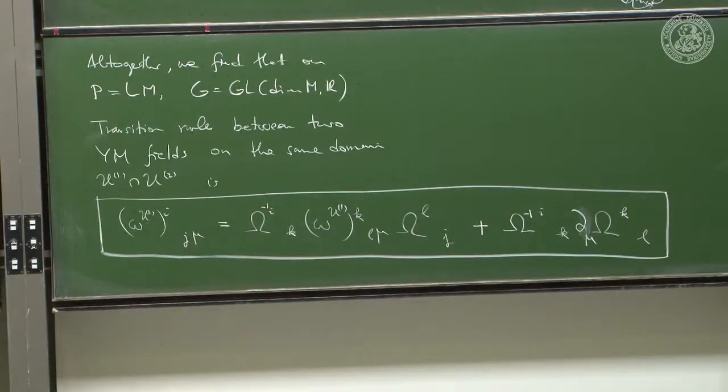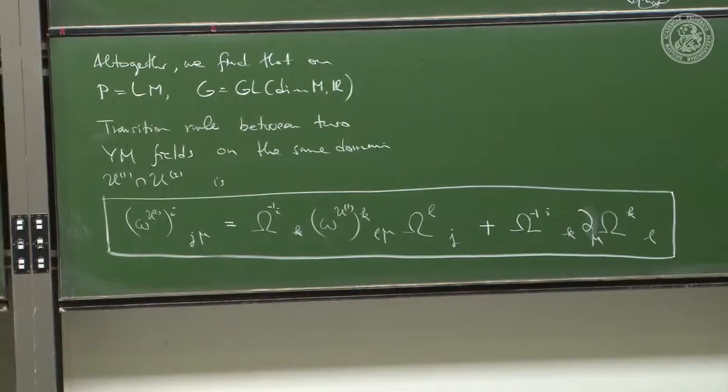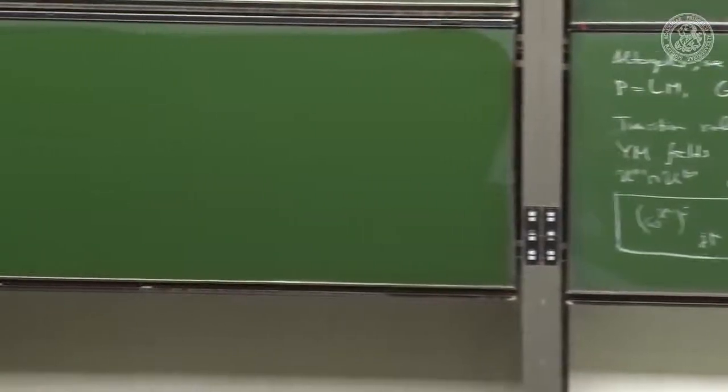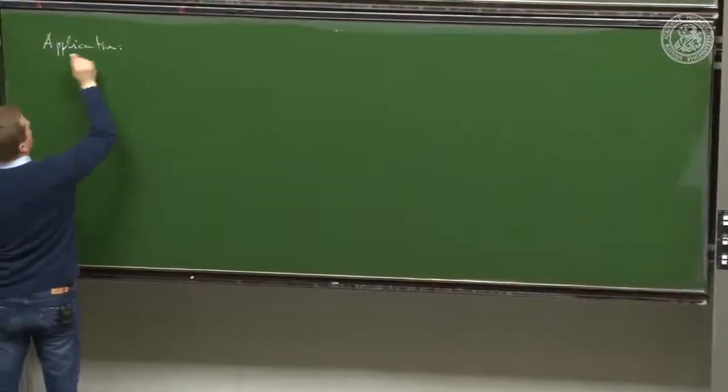But the formula you know for transformation of connection coefficients is, of course, the one where these sections have been induced by coordinate choice. So, an application, just one application.